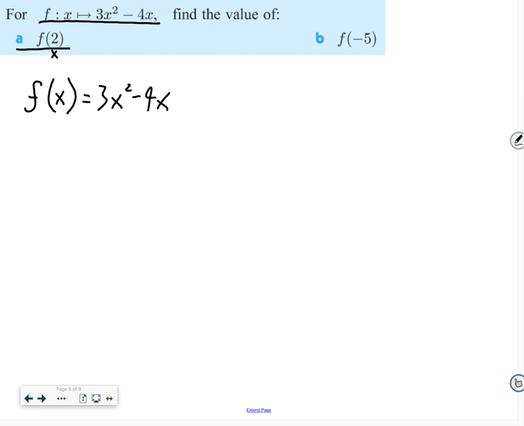So I do f of 2 is equal to 3 times 2 squared minus 4 times, well, x appears twice on this side, so I need to, in both places, replace it with 2. Because just like x was here, x was here, and if 2 is here for f of 2, I've got to replace it here and here as well.